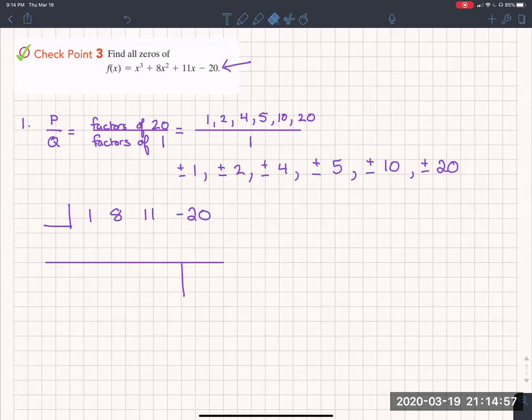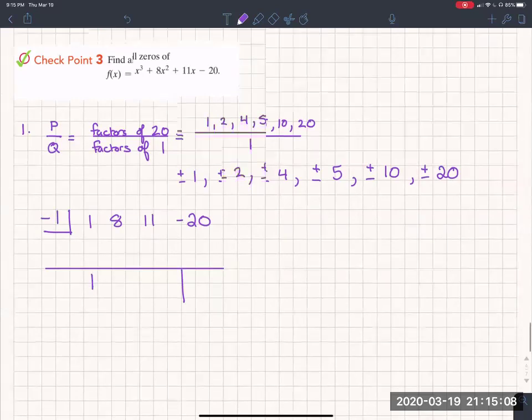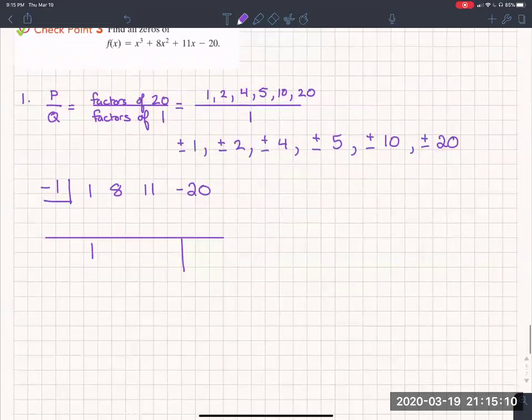So let's see here. Let's try -1. First coefficient comes down. 1 times -1 is -1. 8 plus -1 is 7. 7 times -1 is -7. -7 plus 11 is 4. 4 times -1 is -4.